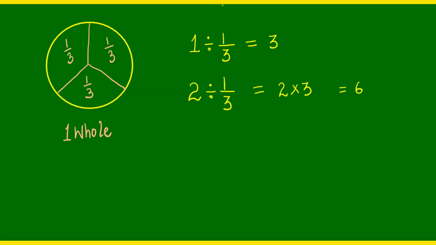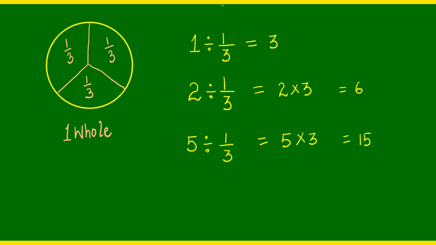This is pure unitary method. So similarly, if I ask you how many thirds are there in 5 wholes, the answer will be 5 times 3, that is 15 thirds.